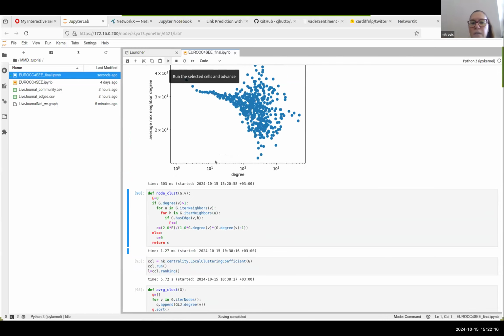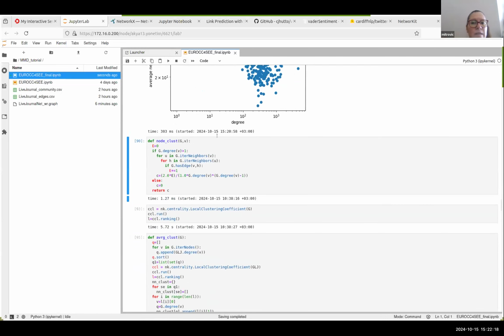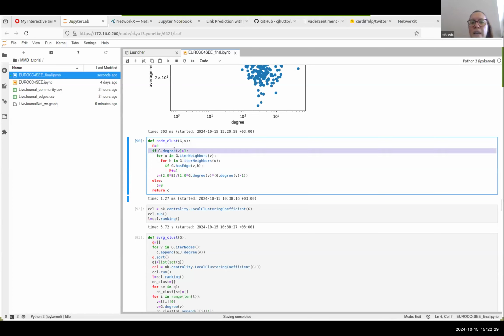NetworKit doesn't have this kind of function, but we can define our own function. So what we are doing here is that we go through all nodes that have more than one neighbor. This means that we don't take into account nodes that have only one neighbor, because they cannot form triangles.